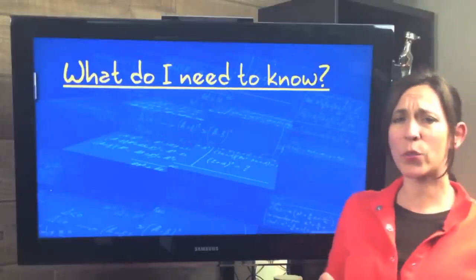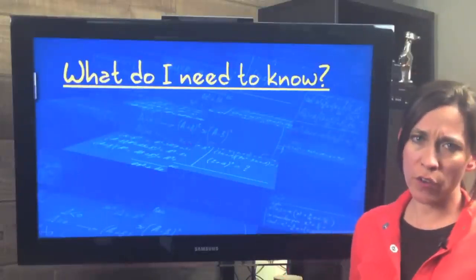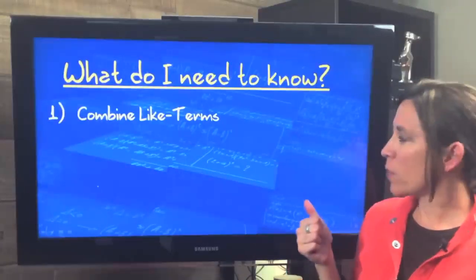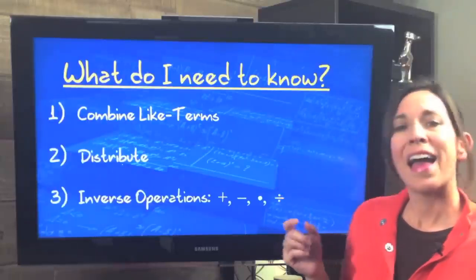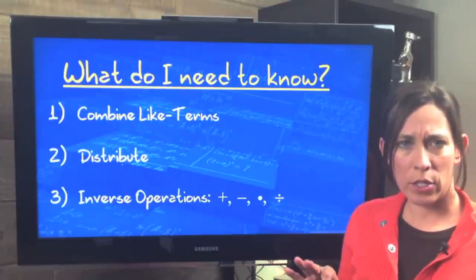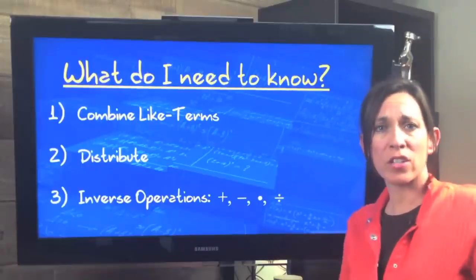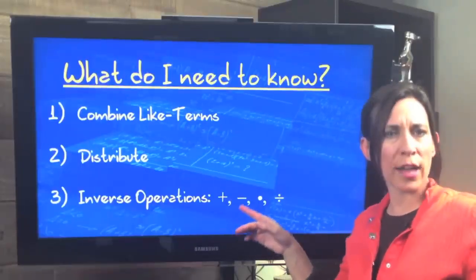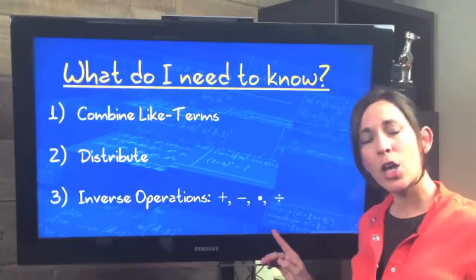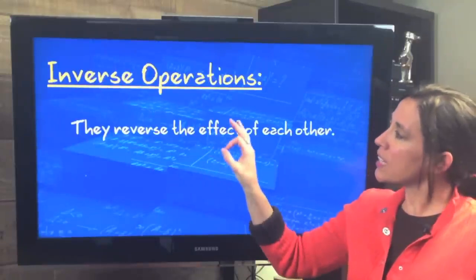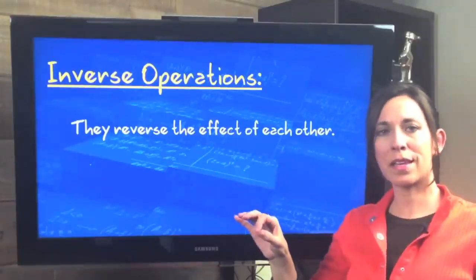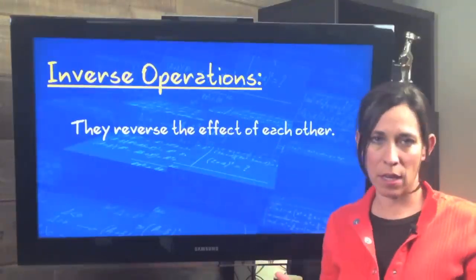Now what skills do we need in order to solve linear equations? We have to be able to combine like terms, distribute, and know a little bit about inverse operations. Now, when we talk about operations, we're referring to addition, subtraction, multiplication, and division. But what makes them inverse? Technically, the definition of inverse means that they reverse the effect of each other.